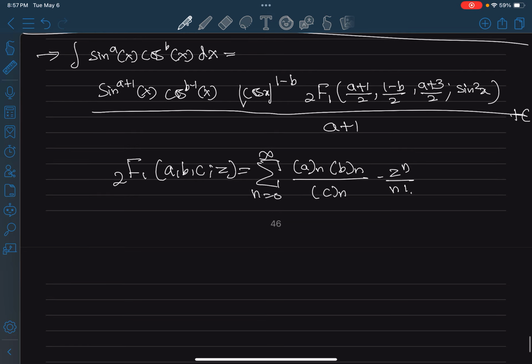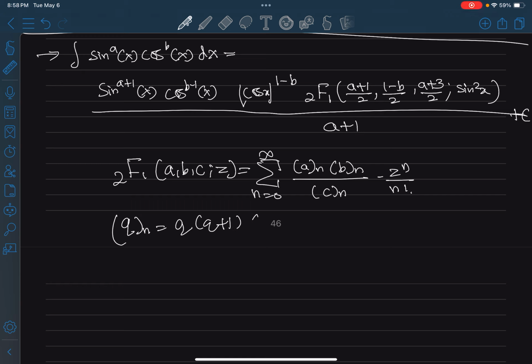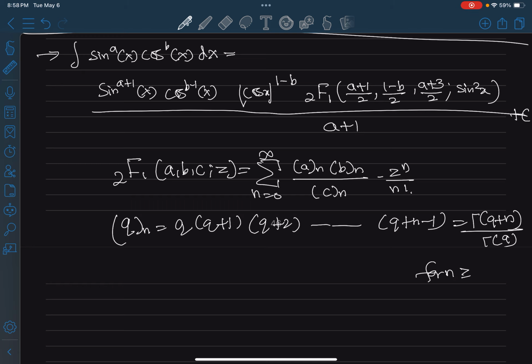Or again, this Pochhammer symbol (q)_n, let's say, is defined as q times (q plus 1), (q plus 2), up to (q plus n minus 1). And this is actually equal to gamma of (q plus n) by gamma of q for all n greater than or equal to 1, and the Pochhammer symbol of 0 is defined to be 1.